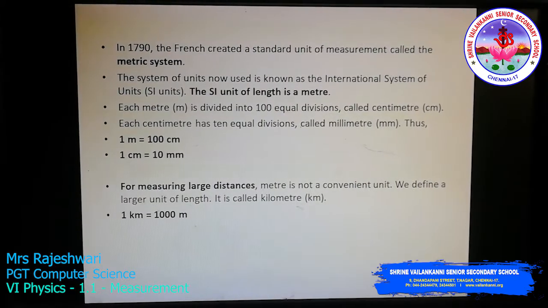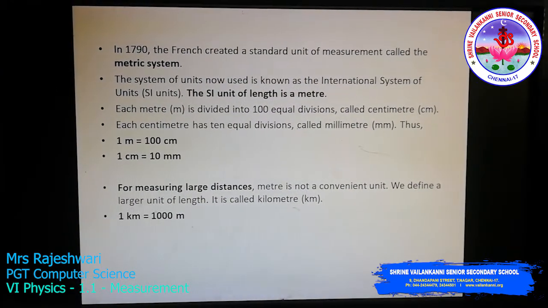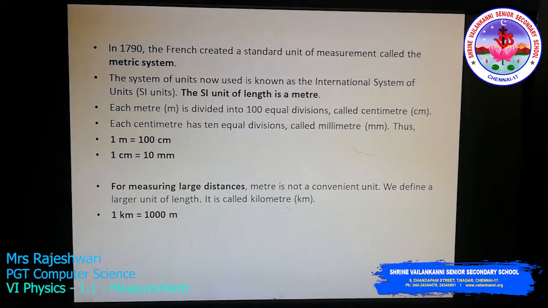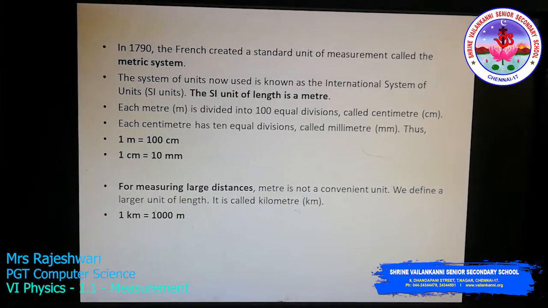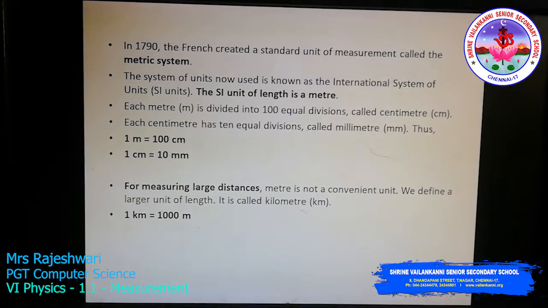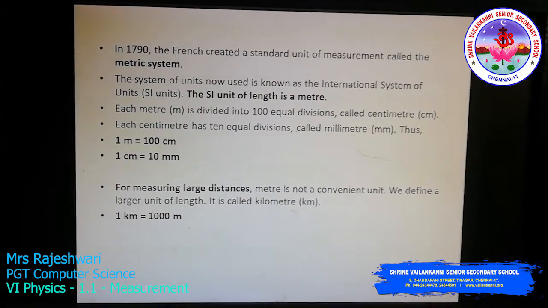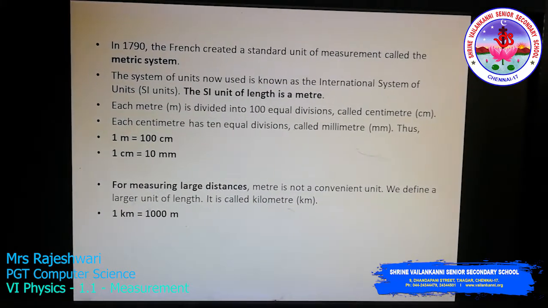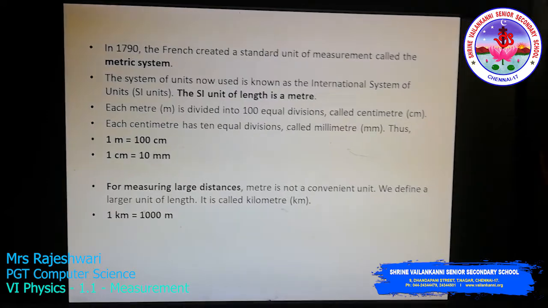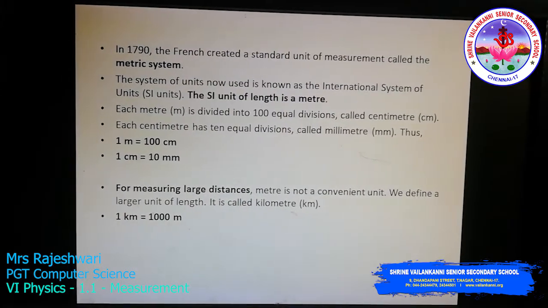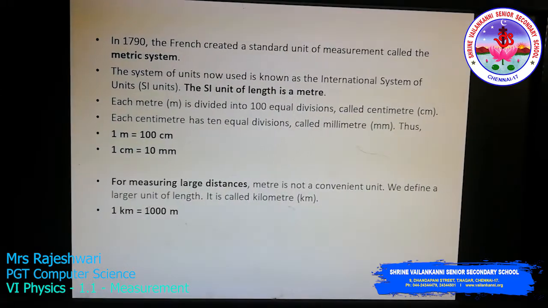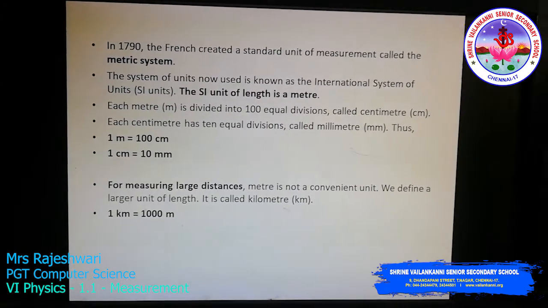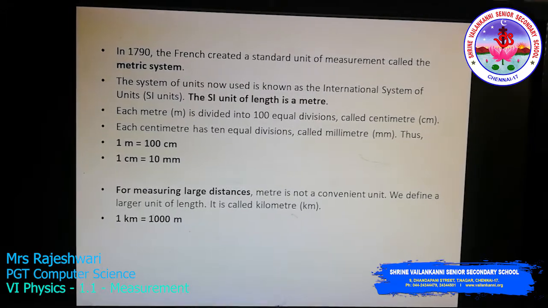For example, from your home to school, if it covers around 4 kilometers or 5 kilometers, you cannot measure using a meter scale or a 15 centimeter scale or 30 centimeter scale. So you have to go with larger measurement units. To measure large lengths, we use a different measuring unit called the kilometer. Large distances are measured using kilometers and not meters. So 1000 meters comprise 1 kilometer.